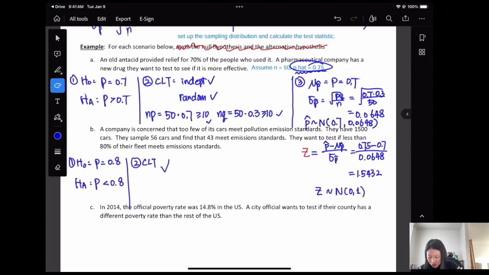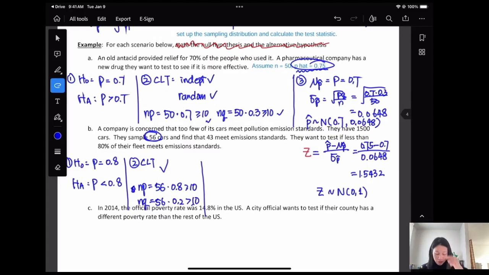Let's say they already check the success and failure condition: n times p, where n is how many cars they tested. Well, they tested 56 cars times 0.8 is greater than 10, and n times q is 56 cars times 0.2, also greater than or equal to 10. So that means we can apply the sampling distribution of proportion because they meet the central limit theorem.